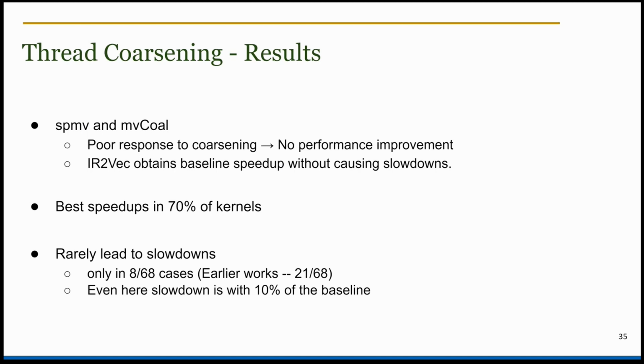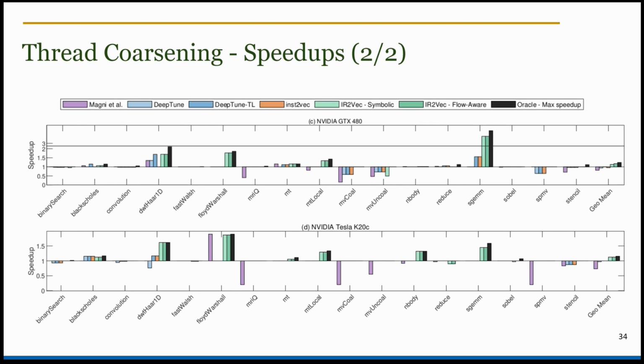Particular cases like SPMV and MV-call are hard to tune for the thread coarsening factor. SPMV always gives negative performance or slowdowns in almost all the earlier works.